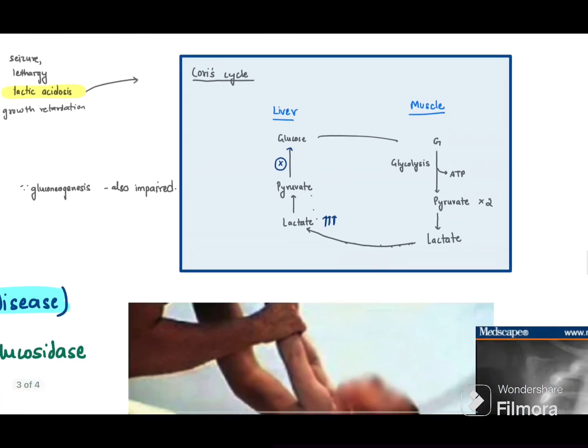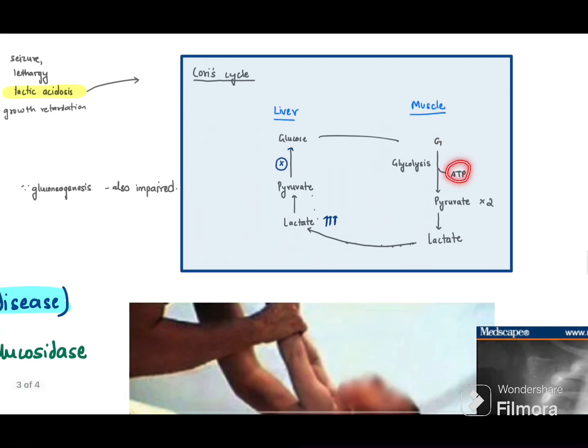In the Cori cycle, when muscle utilizes glucose to produce energy in the form of ATP, by glycolysis pyruvate is formed, and further anaerobic metabolism forms lactate or lactic acid, which is then transported to the liver to again generate glucose for further use, right? This is a recycling process.